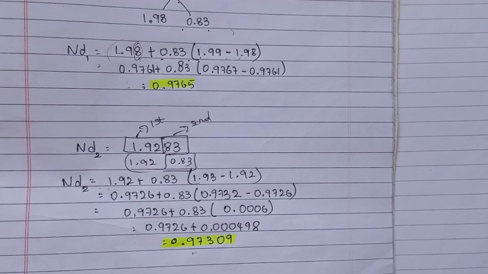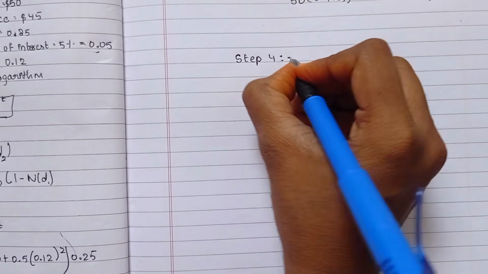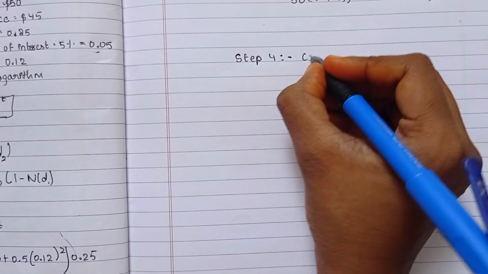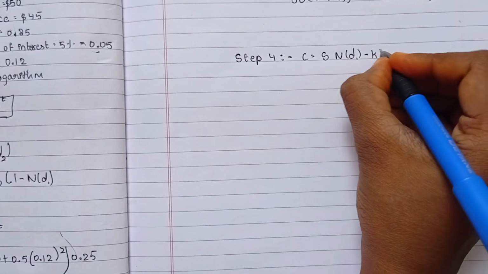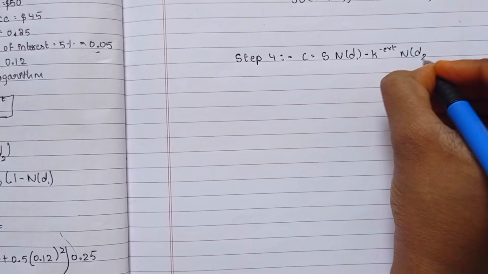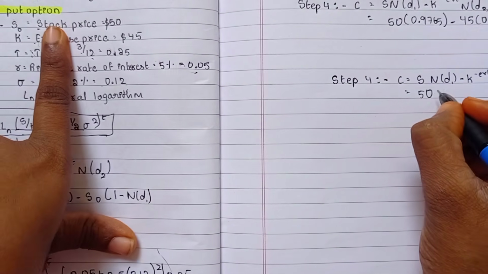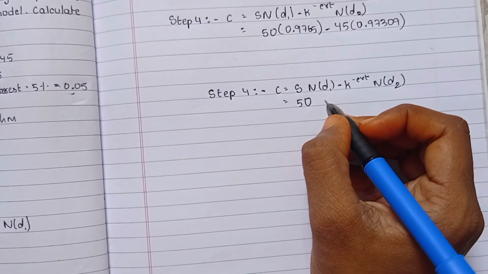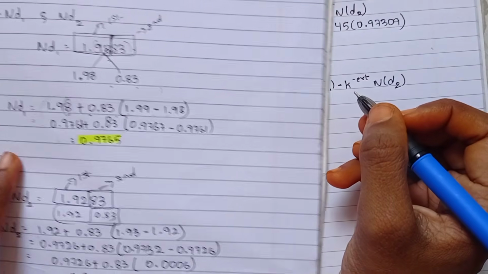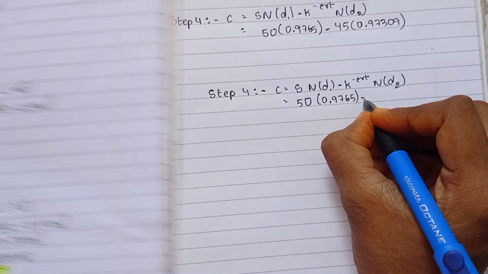Okay, so the ND1 and ND2 values I have identified. So the next step is to calculate the C value, that is, the call option. So the call option is equal to S into ND1 minus K e^(-RT) into ND2. Okay, so the stock price is 50 and now we have identified the ND1 value, which is 0.9765, minus the K value.